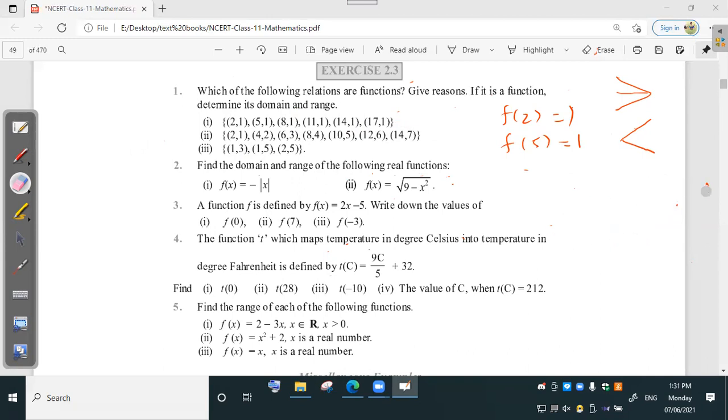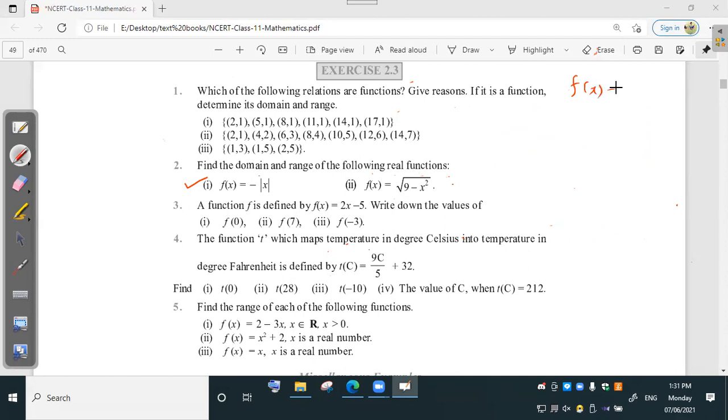Okay. Now the main thing is that we have to find the domain and range of the given function. So domain and range depend on the definition of that function, or which type of behavior is shown by that function. On that basis we can find the domain and range of a function. So the first question, as you have seen, is based on the modulus function.